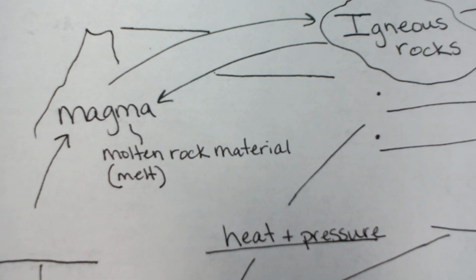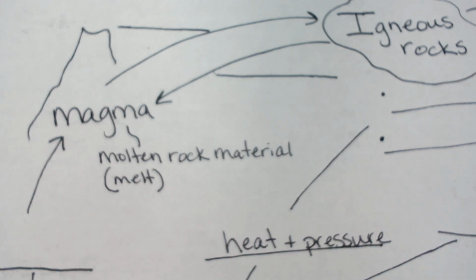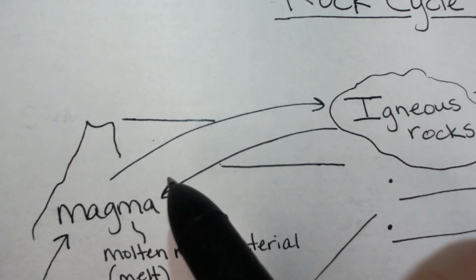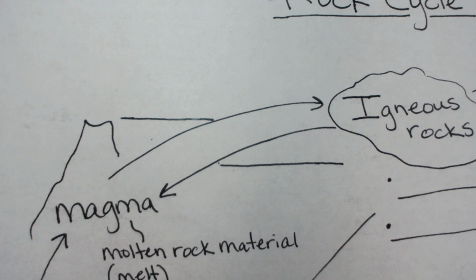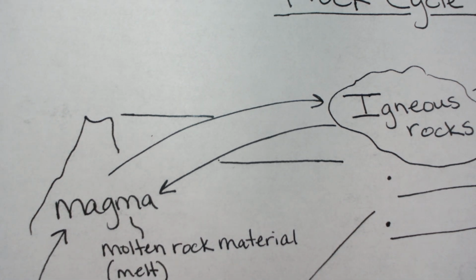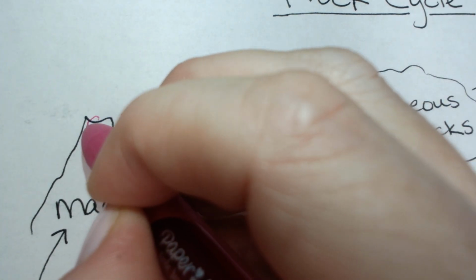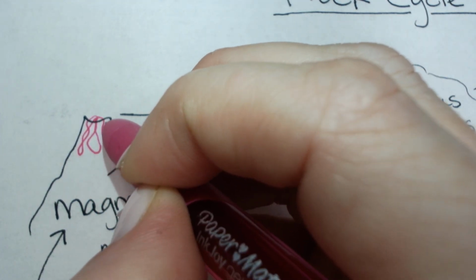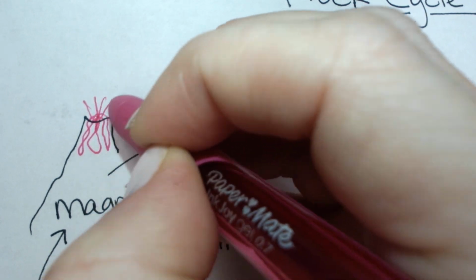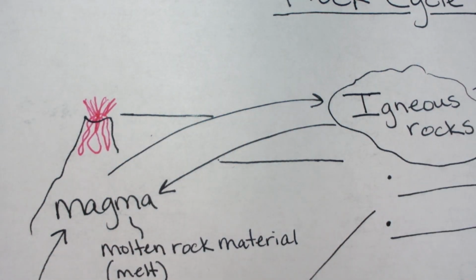What I have here for you is a volcano. Let's grab a red pen. Oh my goodness, how do I not have a red pen? Okay, pink it is. So for our molten rock, we have magma. There's our little volcano.